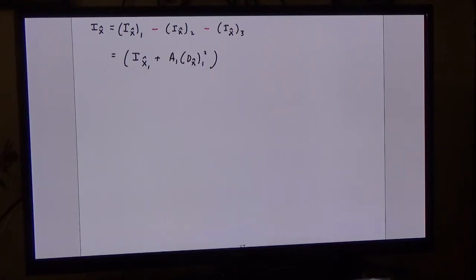So this would be the moment of inertia about x hat for part 1. Then for part 2, it's going to look very similar. And for part 3, also very similar.